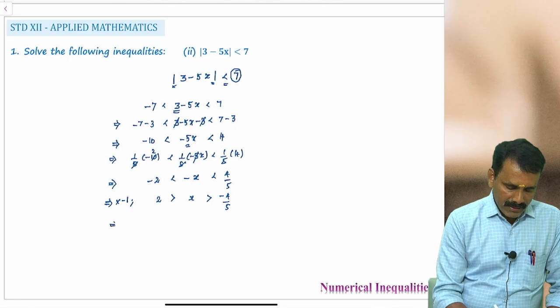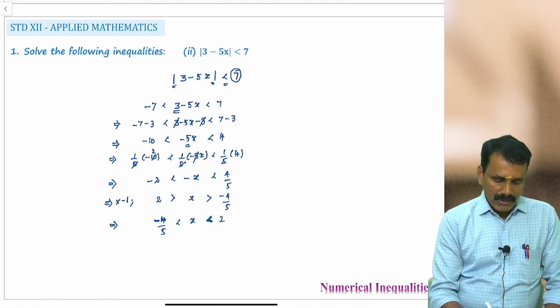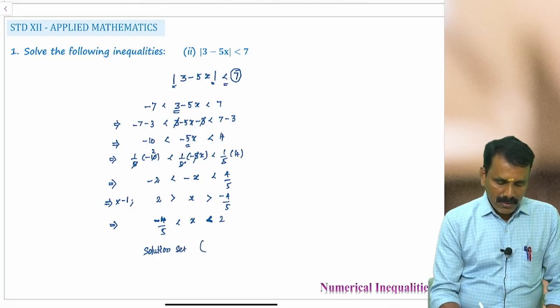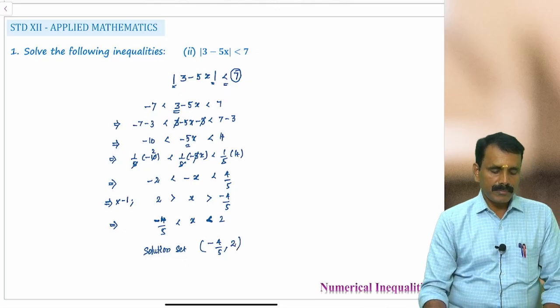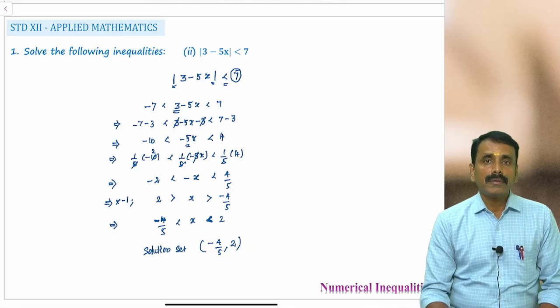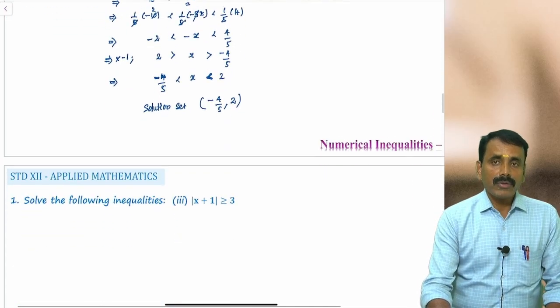So we rewrite: minus 4 by 5 strictly less than x less than 2. What is the solution set for this problem? The solution set is the open interval minus 4 by 5 to 2, 2 also open. Is it clear? We move on to the next problem.